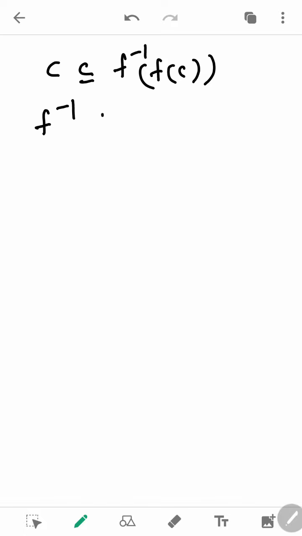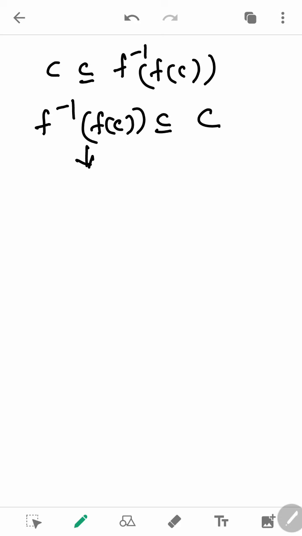It's a rather direct case. We have already proved that C is a subset of F inverse of F of C. Now we have to prove that F inverse of F of C is a subset of C. If these two inclusions are proved, then we will get equality. For this one, we have to take an element from here.